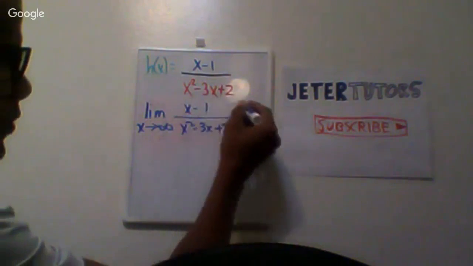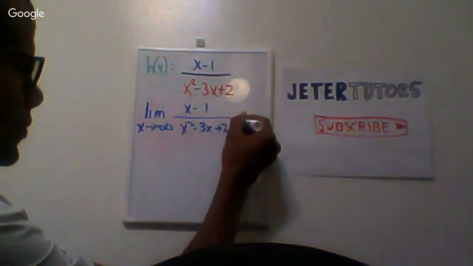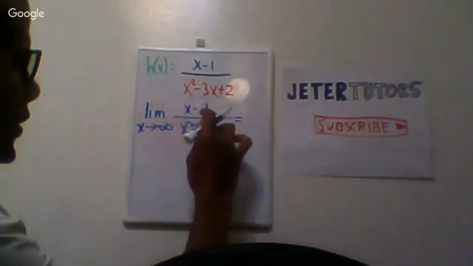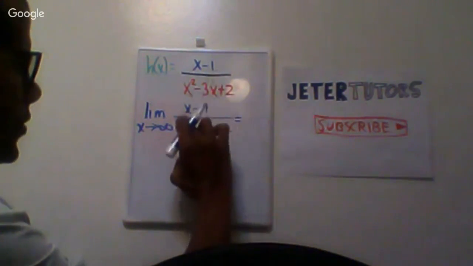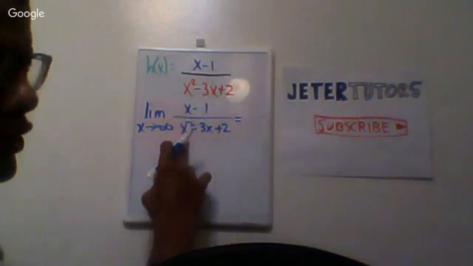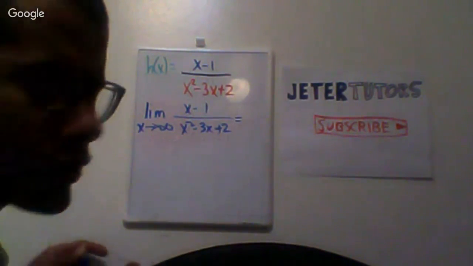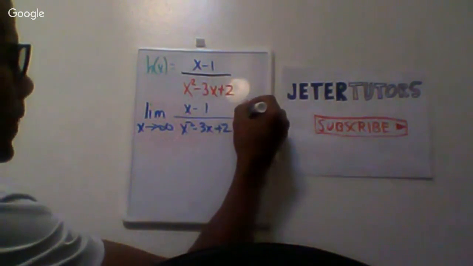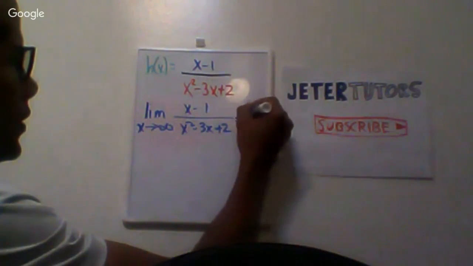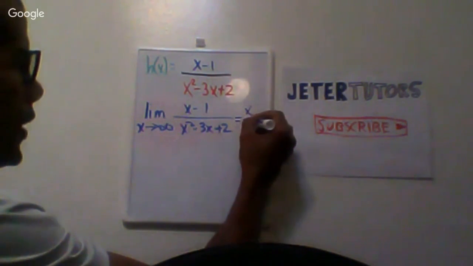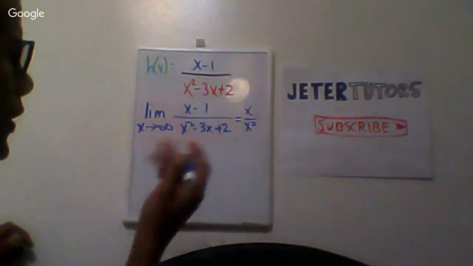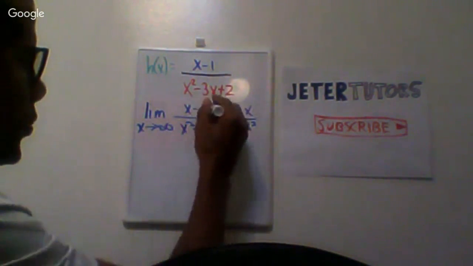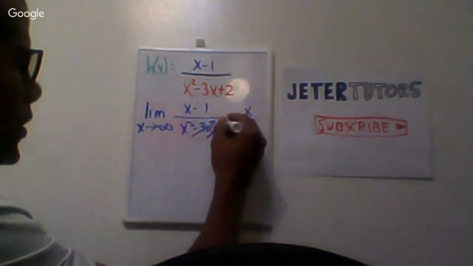As this goes to infinity, the denominator is going to be like a larger infinity. So this is like x over x squared, and the reason we can do that is because we're ignoring the other terms.